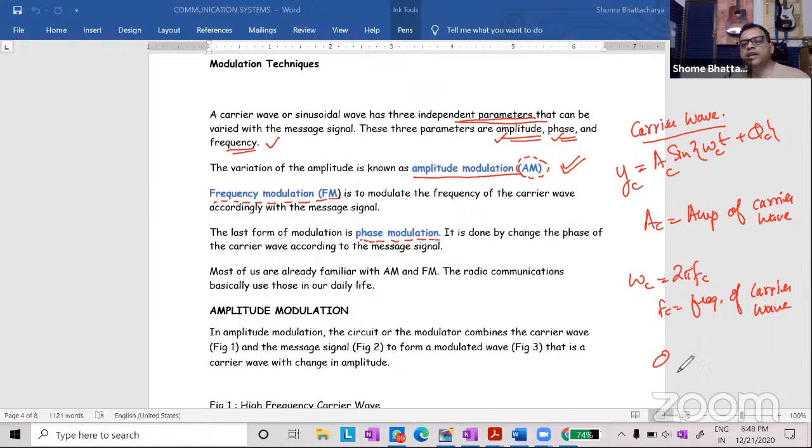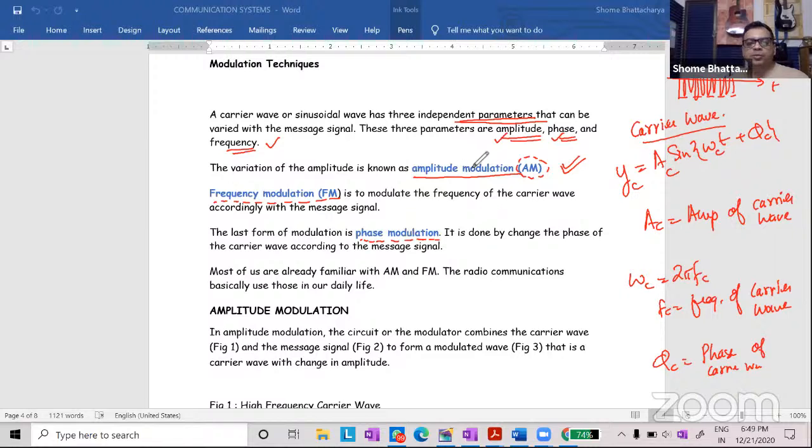And phi is the phase constant of the carrier wave. Without any modulation, our carrier wave just looks like a normal high frequency sine wave, something like this. My drawing is not good, but this should be uniform in amplitude and uniform in time or in frequency. That is an unmodulated wave.